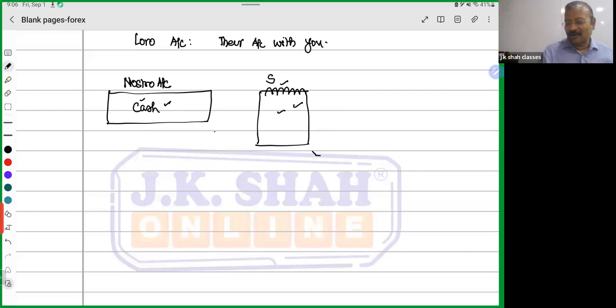And this is called statement of exchange. So whenever there is a problem on nostro account, these are the two things that we prepare. Statement of exchange, where all transactions are recorded. And nostro account, where only cash transactions are recorded.